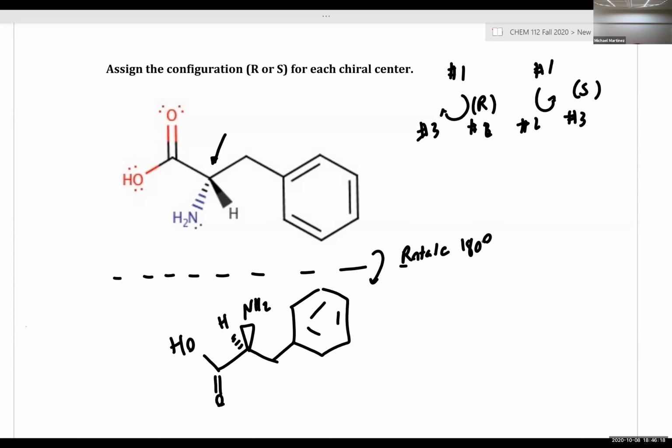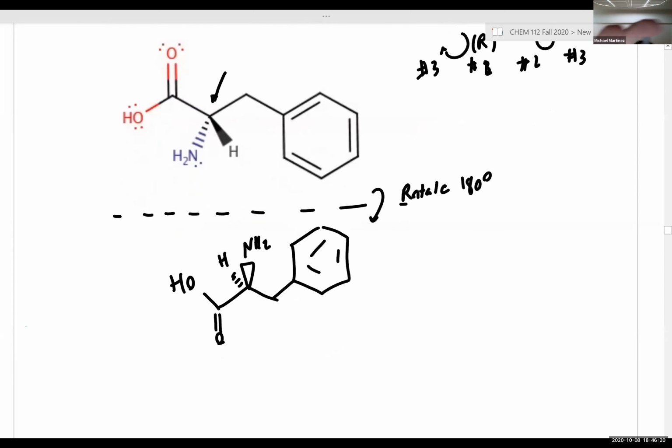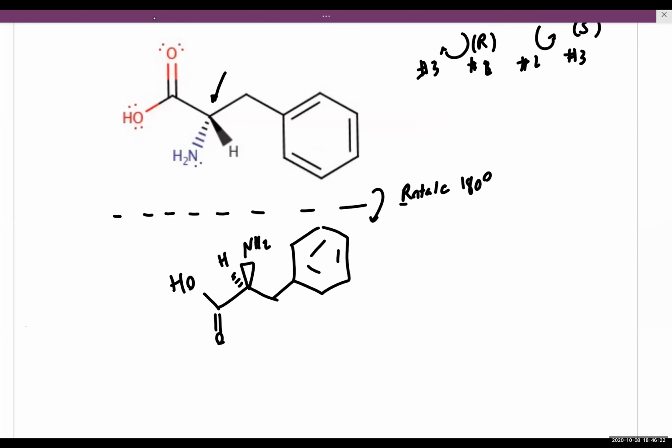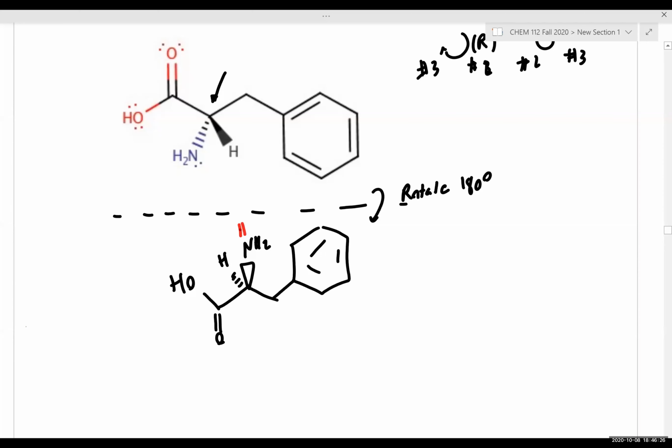So once we've rotated our molecule, now we can look at priority assignments, and now we can assign R and S. The nitrogen gets the highest priority because nitrogen beats carbon. The carboxylate gets the next highest priority because oxygen beats carbon. And finally, this alkyl chain gets the third priority with the hydrogen being the lowest.